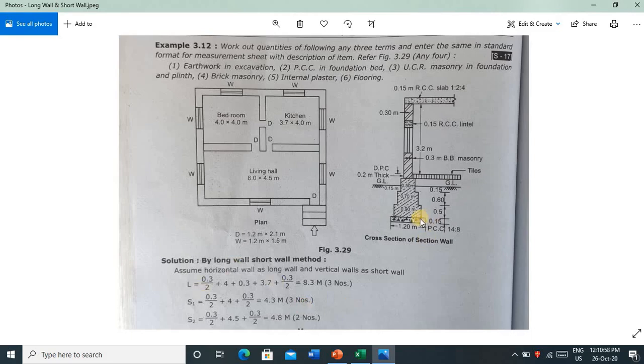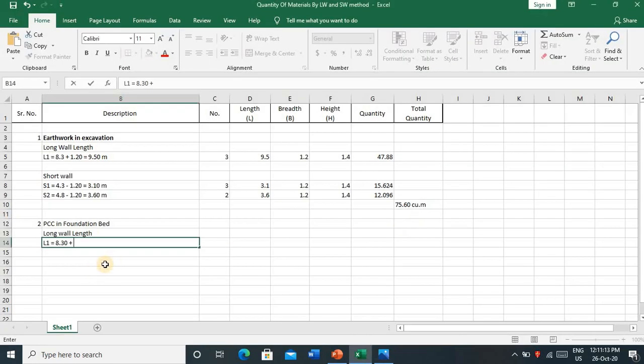Here it is PCC, the depth of PCC is 0.15 and the width of PCC is 1.20. So the width of item is 1.20, which comes as 9.50 meter.